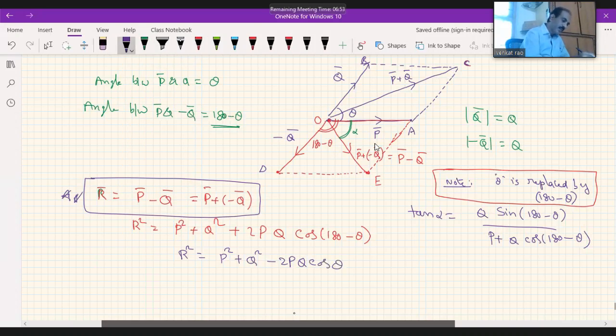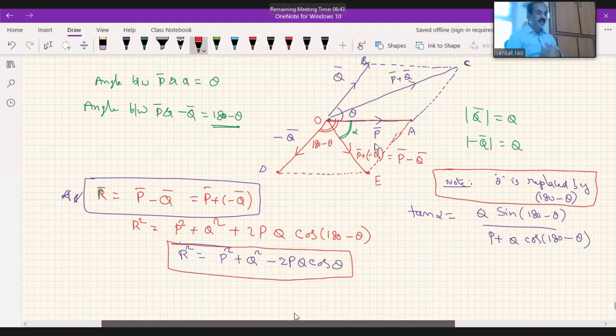That is right. P square plus Q square minus 2PQ cos theta.